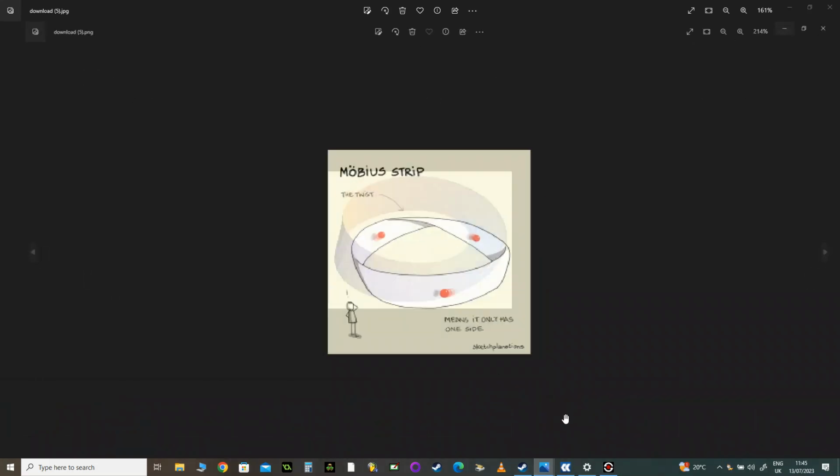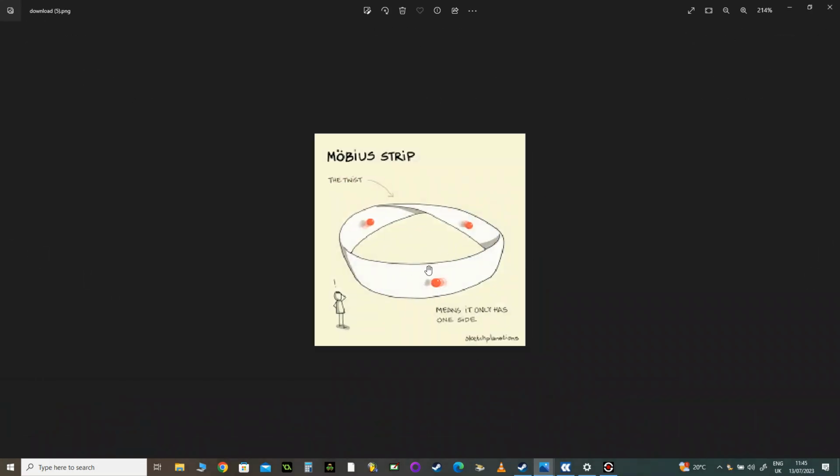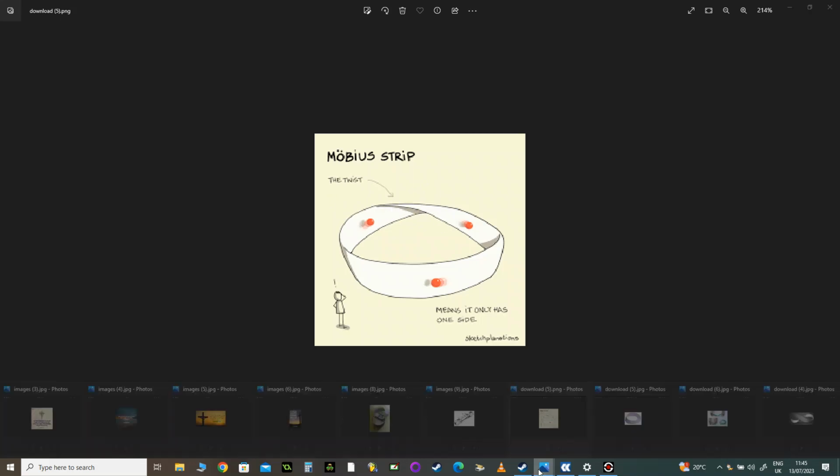So if you send something around that loop, like on this diagram, this little red ball here will go round there and then on the inside, and so you have two sides that are fully engaged with each other just by flipping it on one arc there, one geometric arc.